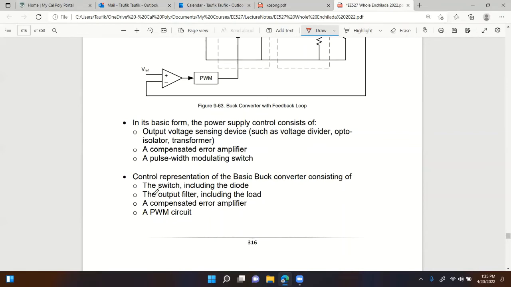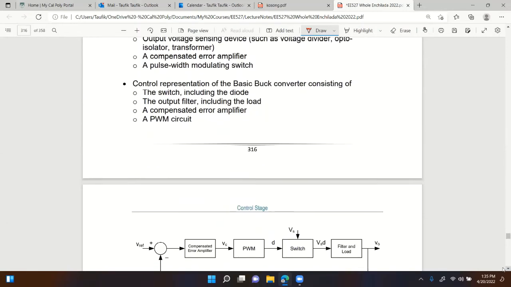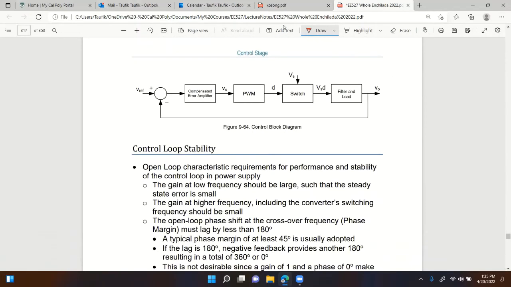It should have a block that would represent the output filter, the compensated error amplifier, as well as the PWM circuit. So if I were to transform this from a circuit type of diagram to a control block diagram, then I would get something like this right there.